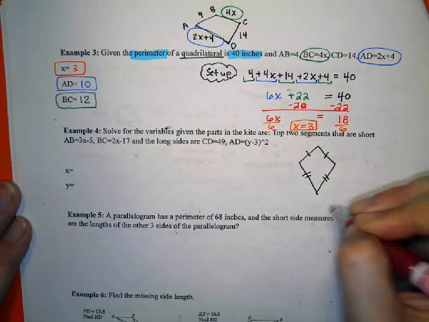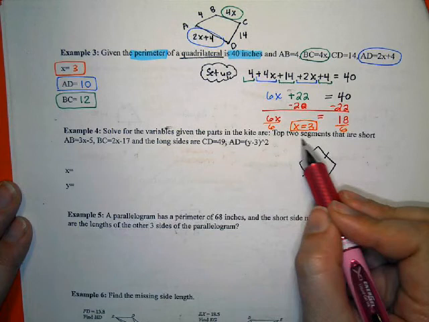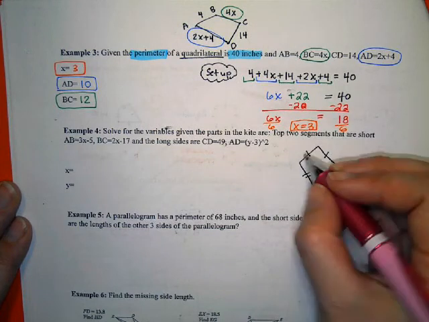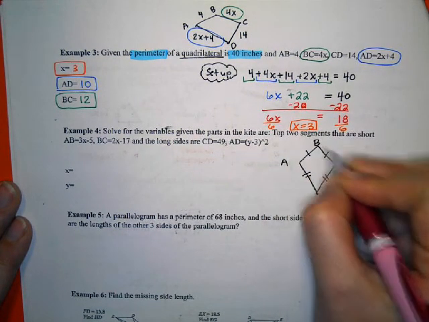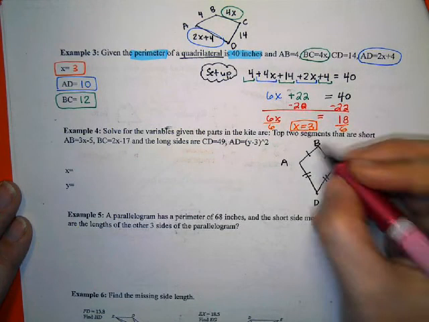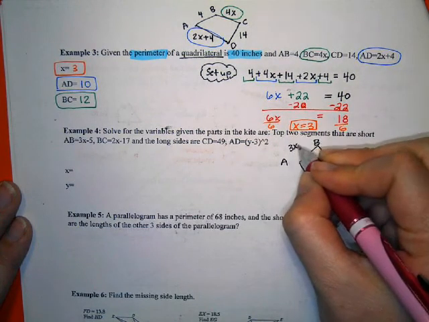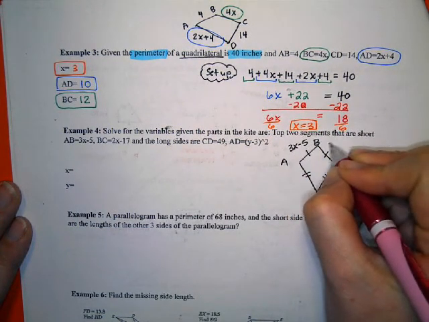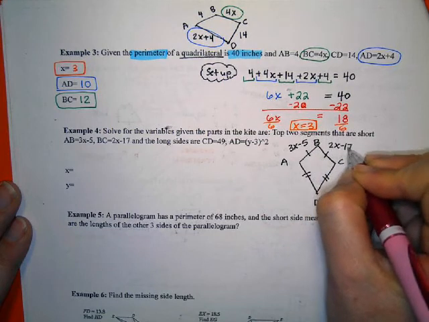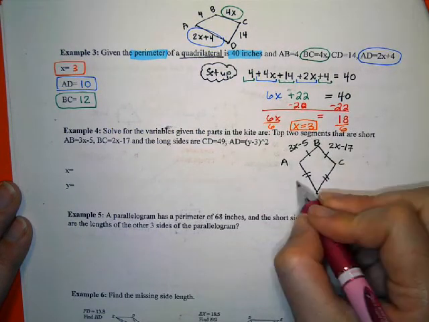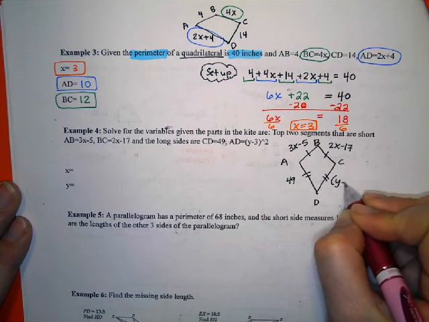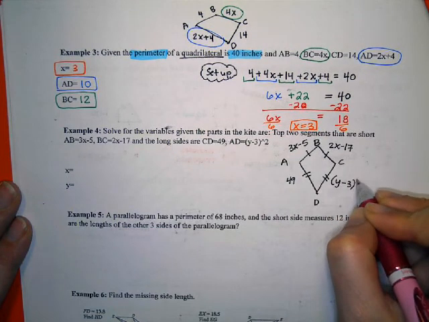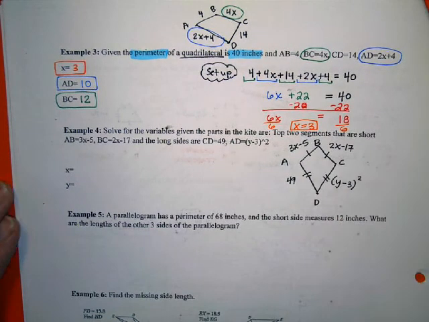Next one is a kite. Yay, we like kites. The top two segments that are short are 3x minus 5 and 2x minus 17.